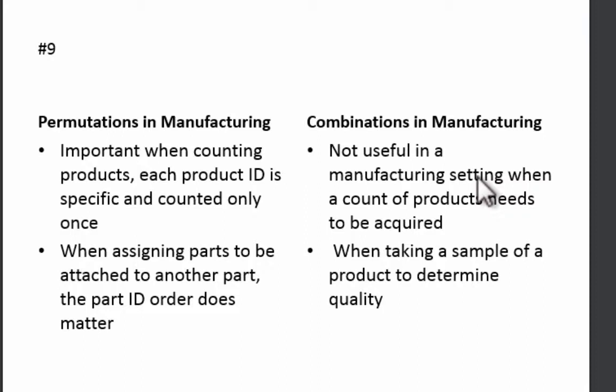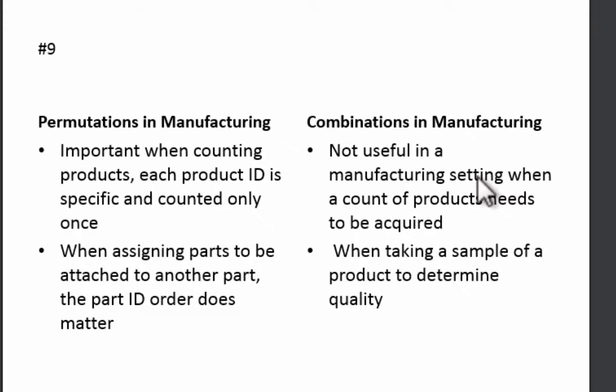Combinations in a manufacturing setting are not really useful when you need to count products. If it's going to see a product as 1, 2, 3 and another as 1, 3, 2, it's going to count that as one product and not as two different products.